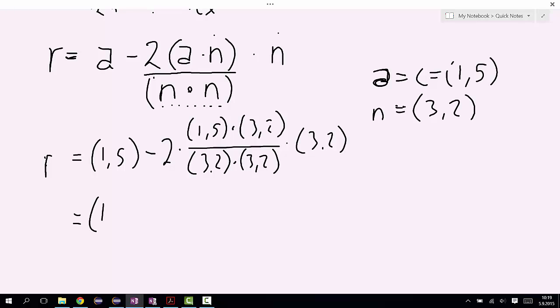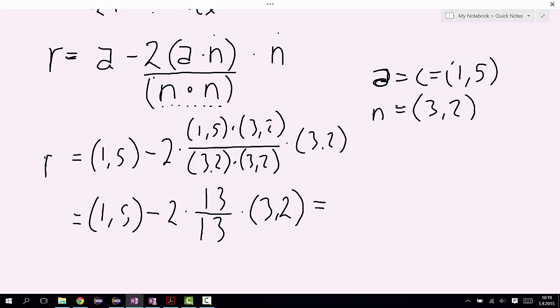This gives us 1,5 minus 2 times, 1 times 3 plus 5 times 2, that's 13. We already had that dot product earlier. So then we have 9 plus 4, which happily also gives us 13, interestingly enough, times the vector 3,2.